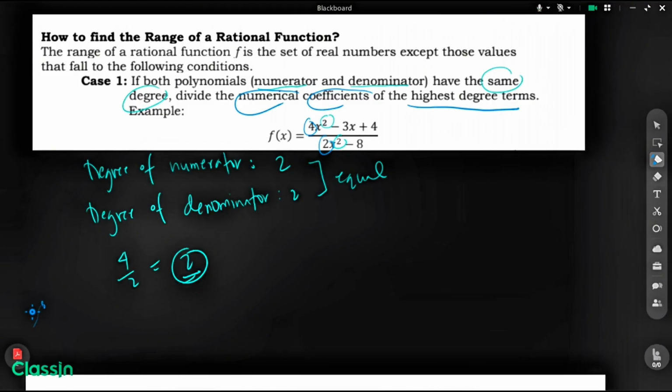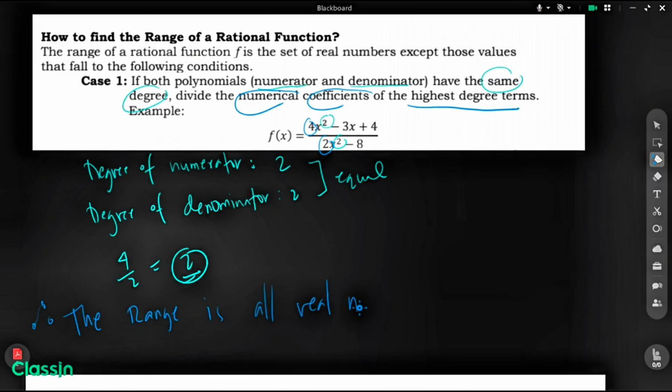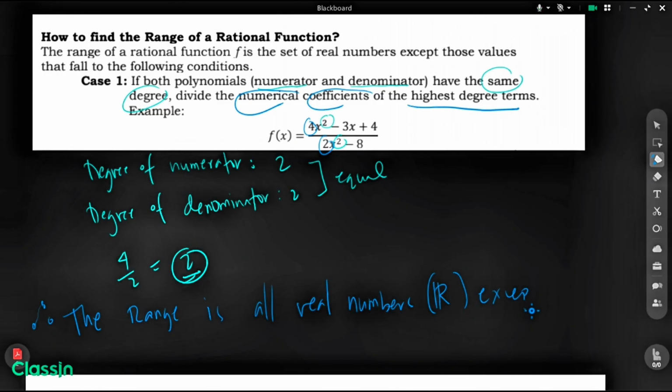So therefore, the range is all real numbers, the symbol of real numbers, except 2.